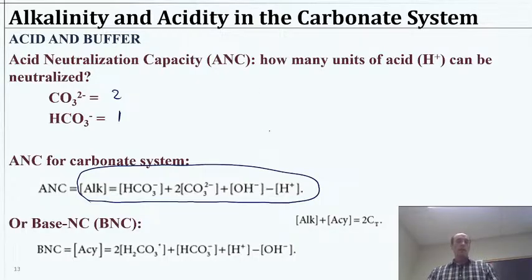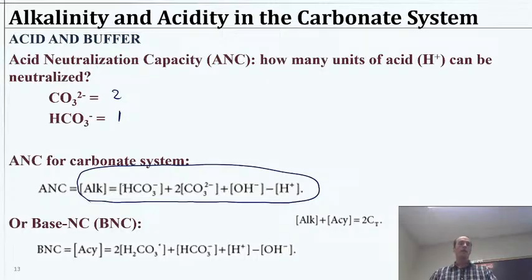Okay, another thing we could write, we could say that our base neutralization capacity, it's a little odd or different, we could write it in a similar manner but in reverse. Now, I don't think we really need to focus too much on that, but it's basically the same principle, except if we did the OH minus balance instead of the H plus balance.